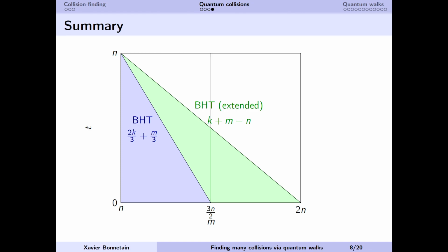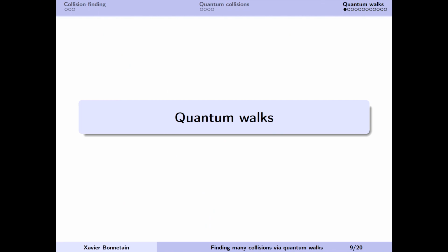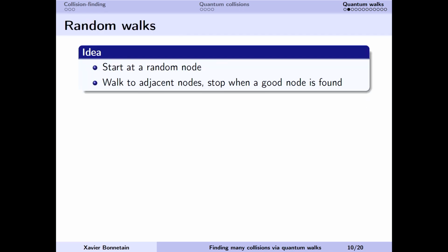Now, if we want to do better than that, we'll have to slightly change the approach and use a quantum algorithm that builds upon the quantum walk framework that I will quickly present. And to present the quantum walk, I will first present the classical analog, which is the classical random walk.